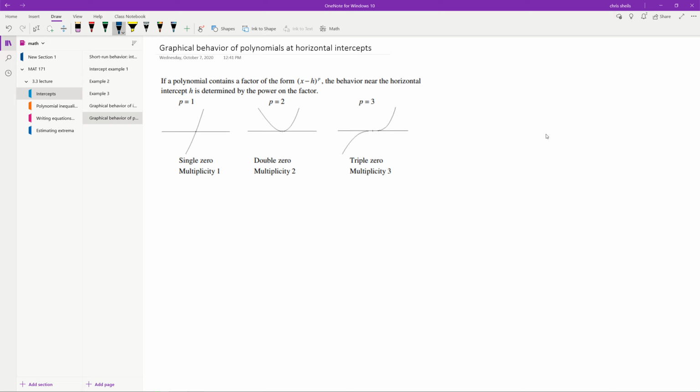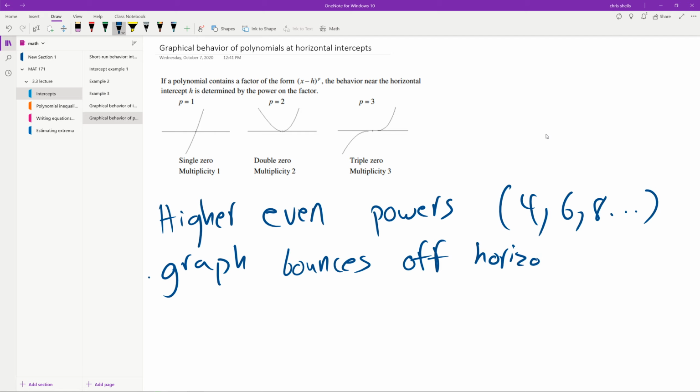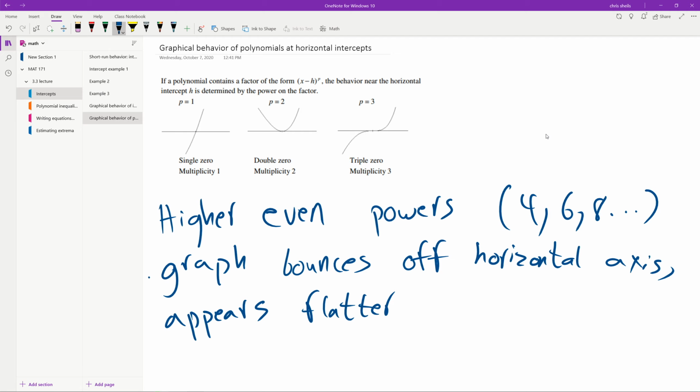For higher even powers, 4, 6, 8, etc., the graph still bounces off the horizontal axis, but it will appear flatter with each increasing even power as it approaches and leaves the axis.